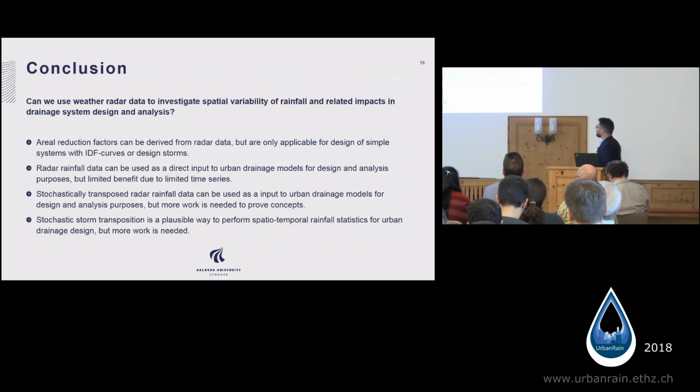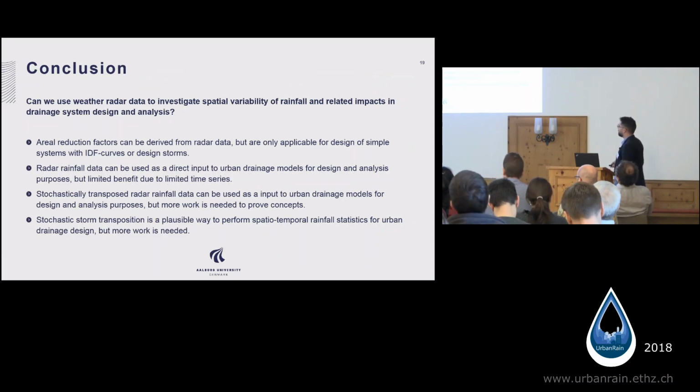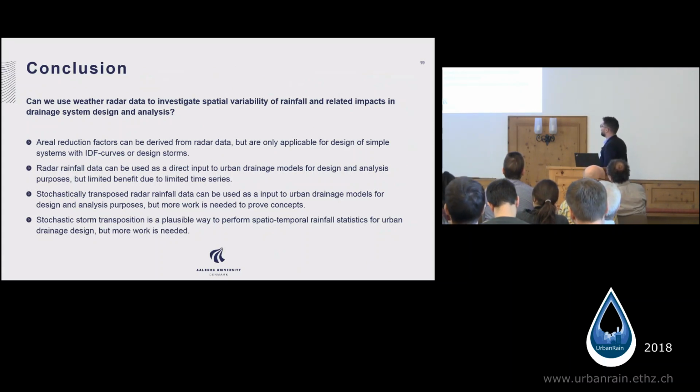So, to conclude, can we use radar data for these analyses? Yes, we could derive the areal reduction factors from radar data, I think better than we could if we had only gauge data. We can use the radar data as direct input to urban drainage models, but benefit is limited due to the length of the time series.